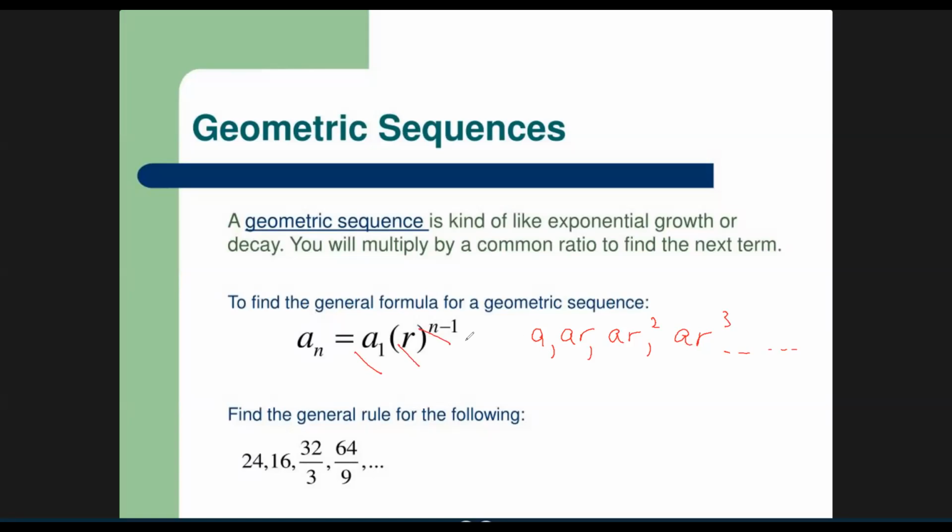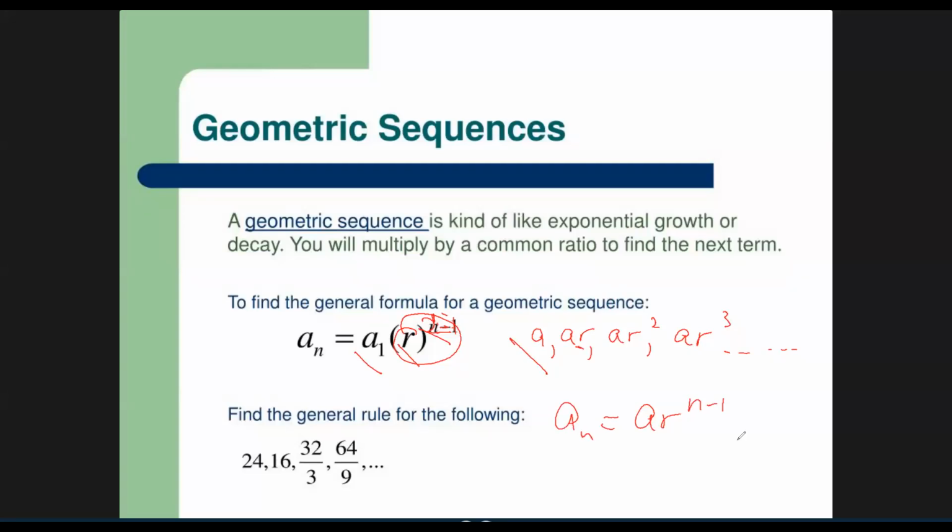For the first term, n is 1, 1 minus 1 is 0, so there's no R. Second term, 2 minus 1, you'll get one R inside, and so on. So the nth term of a geometric sequence is going to be, as they say here, AR to the n minus 1. That's it.